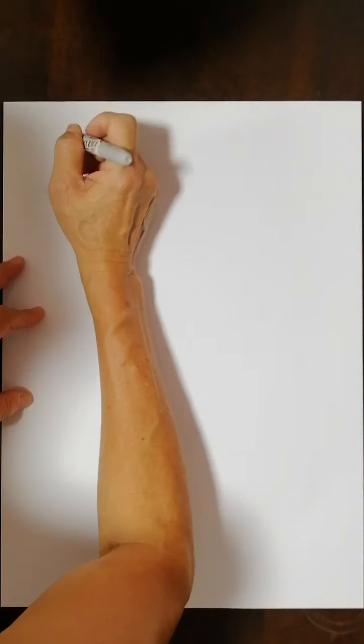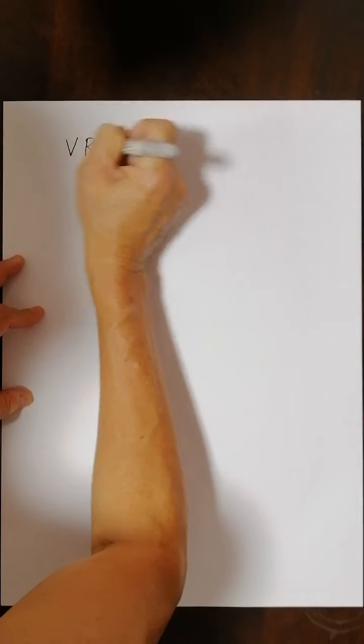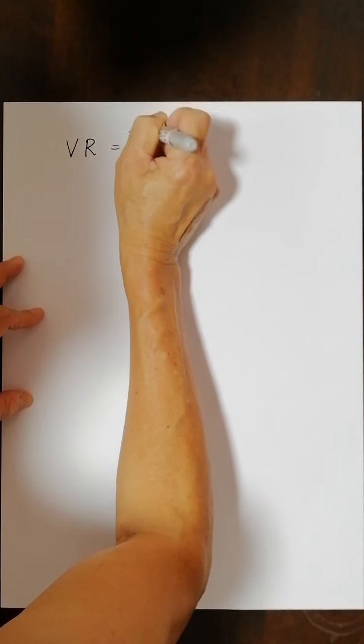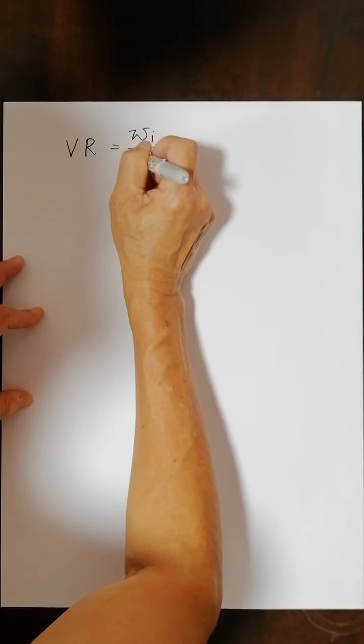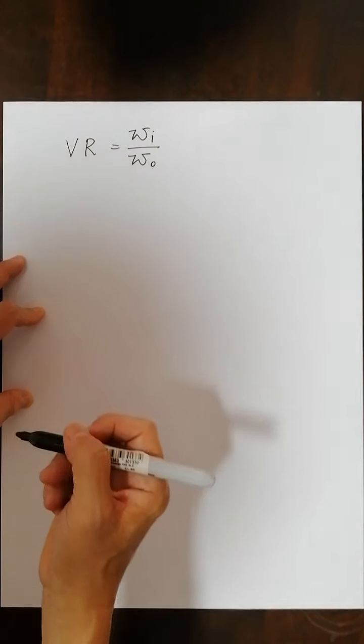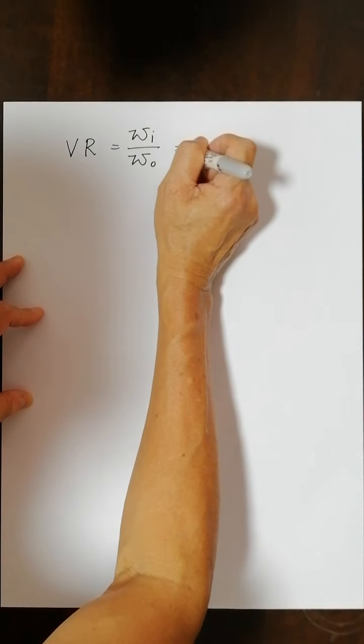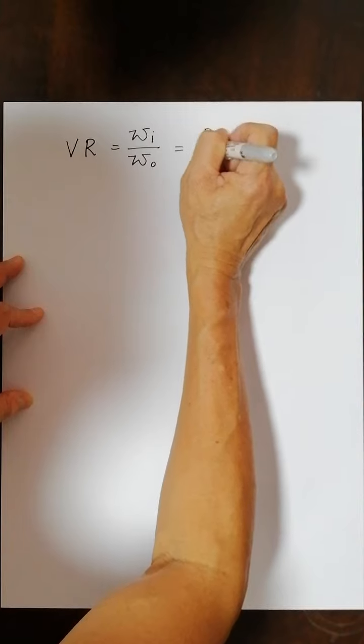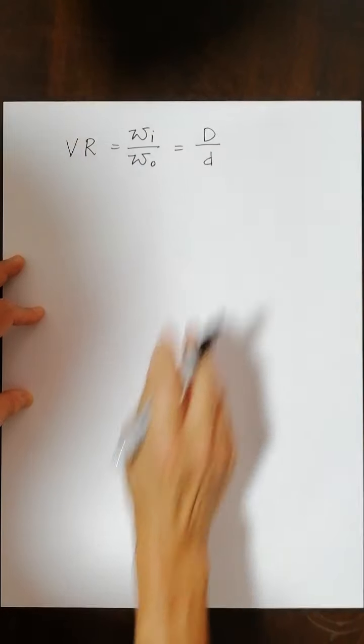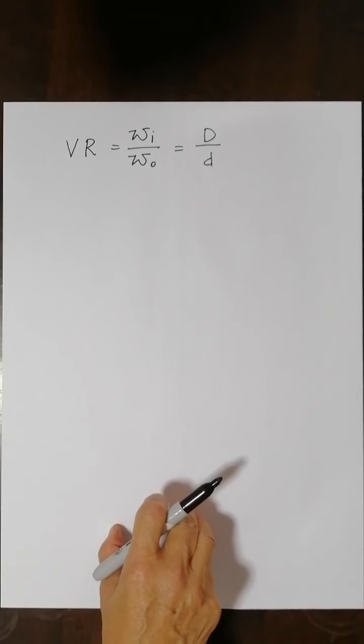Now we know that in our study of the drive mechanism, velocity ratio is always input speed over output speed. And we also relate it to the diameter, the big diameter over the small diameter. This is the ideal condition.